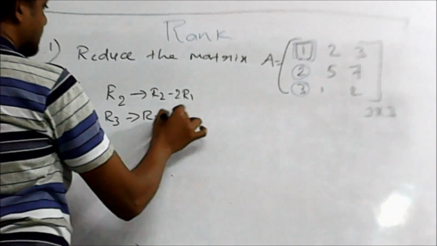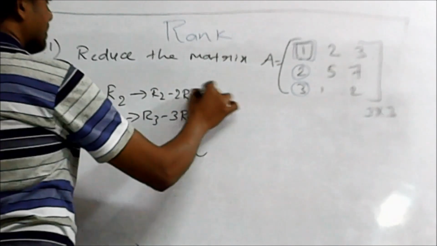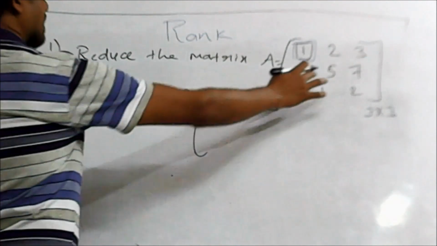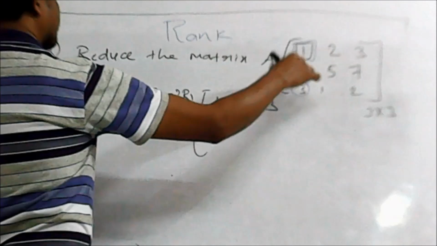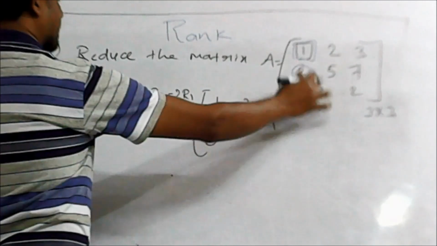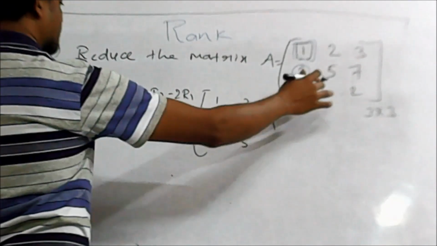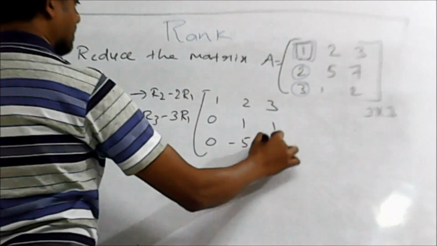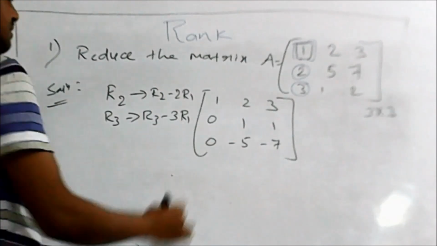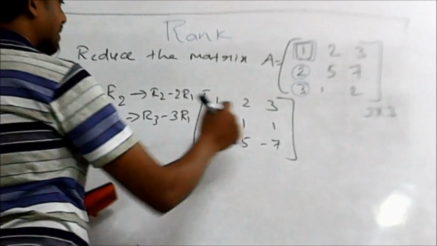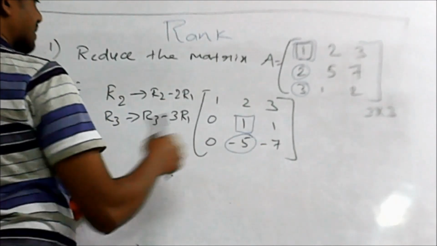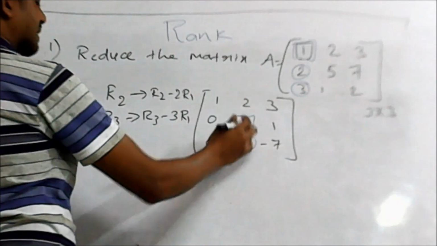R3 minus 3R1. So 1, 2, 3, 0, 5 minus 4, 1, 7 minus 6, 1, here 3, 0, 1 minus 6 minus 5, 2 minus 9, minus 7. Right? So next you need to select the second diagonal and make the entry below the diagonal 0.